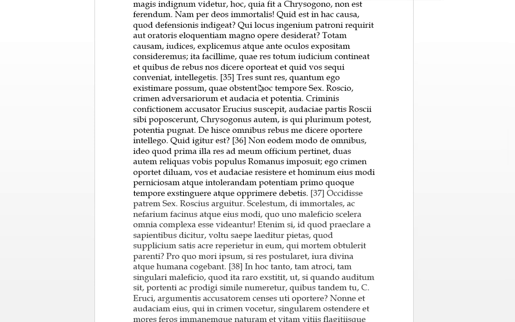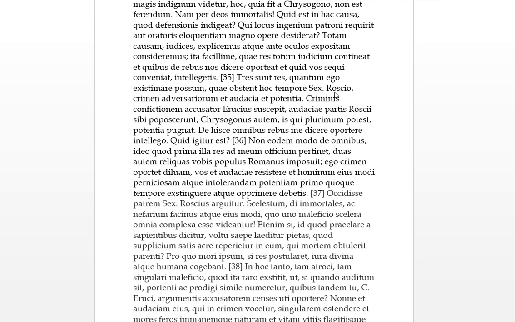Tres sunt res. There are three matters, we'll say. Quantum ego existimare possum. Possum's taking the infinitive. So, of how much I am able to think up. So, quantum is the amount, and there's three of them is the amount. So, I'm able to think up these three things. Quae, which obstent, hoc tempore, at this time, which are blocking. Obstent, basically, obsto.